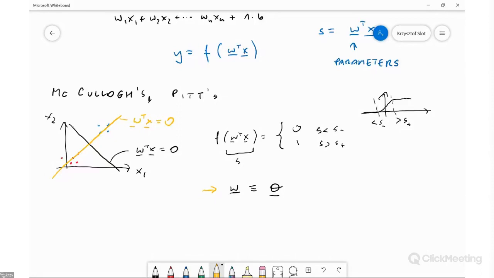From what I said so far, a neuron is just a concept of data processing, and it involves a dot product between its parameters and inputs. I can look at the function of a neuron from the perspective of data classification. Obviously, I can also look at its operation from the perspective of regression, but so far, let's stick with data classification. So I would like to train my neuron so that it can actually perform data classification.